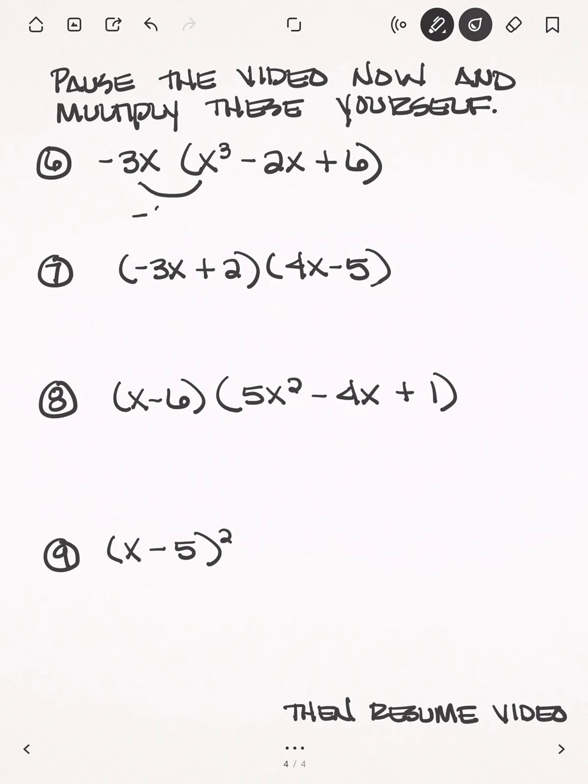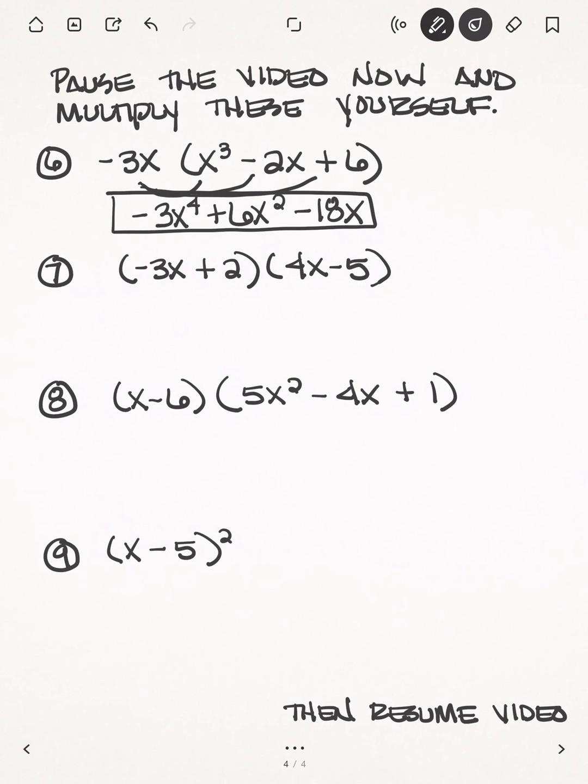That would give me negative 3x to the 4th. This times that would be plus 6x squared. And negative 3x times positive 6 would be negative 18x. When I look at my answer, I see that all my exponents are different, so I do not have any like terms, and I am finished. So I'm going to box my answer. Hopefully you got the same answer.